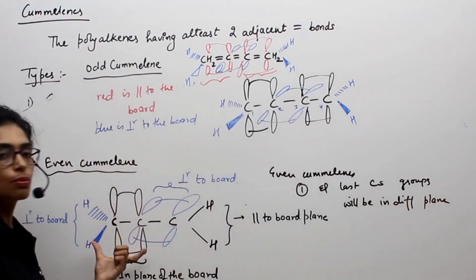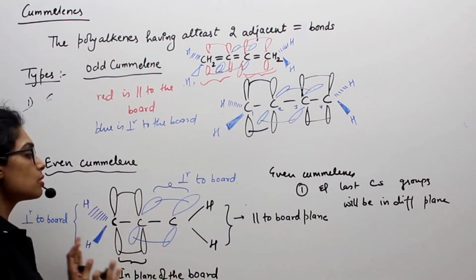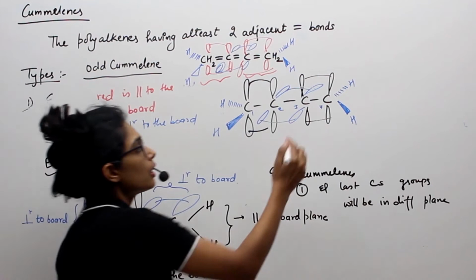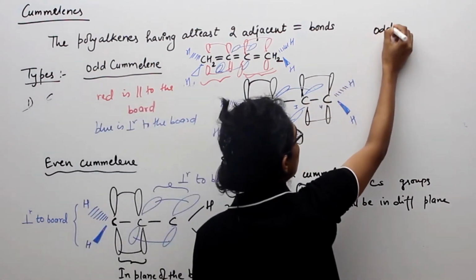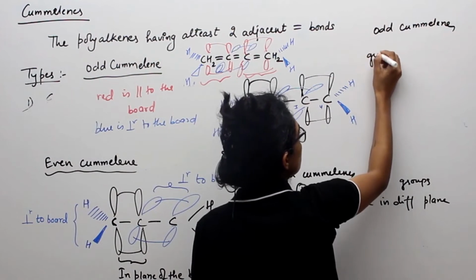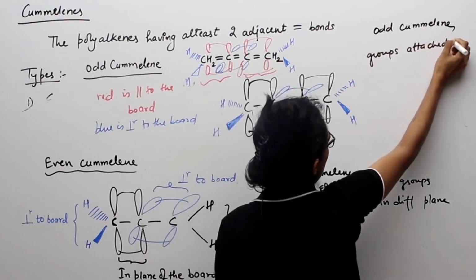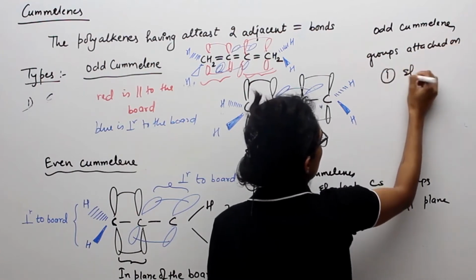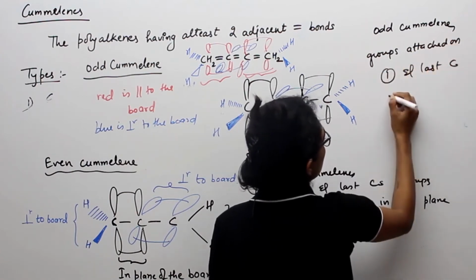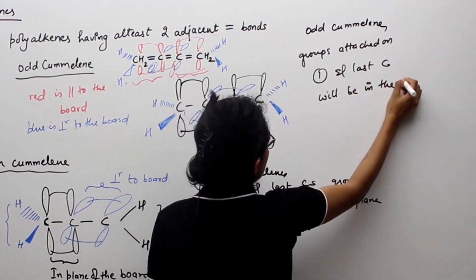I have shown you the smallest cumulene, but any cumulene you take, the structure is going to remain in a similar fashion. Similarly, if I talk about the odd cumulene, the groups attached on first and last carbon will be in the same plane.